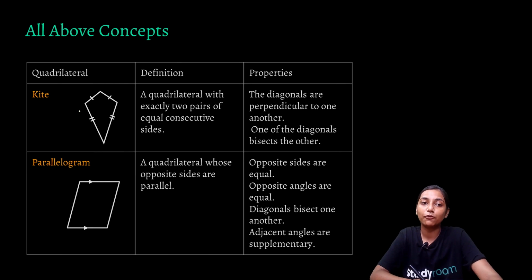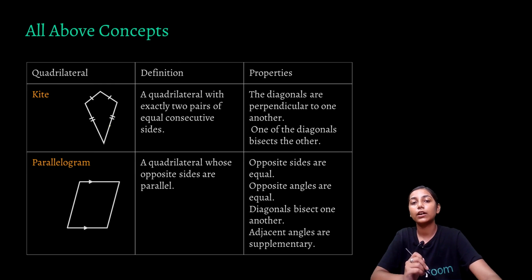We studied another type of quadrilateral, that was the kite. A kite is actually a quadrilateral with exactly two pairs of equal consecutive sides.